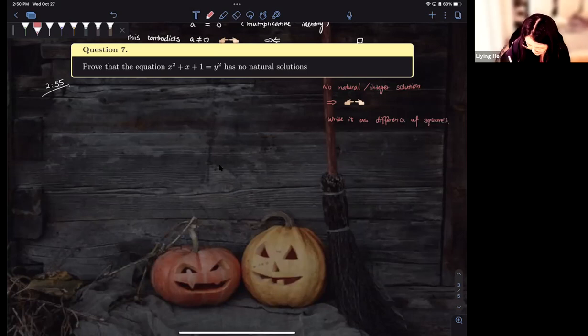Okay, so that's going to give you something times something equals something. So you talk about divisors of that, and that's going to give you a contradiction somewhere. Okay, so this is the classic way to do this.